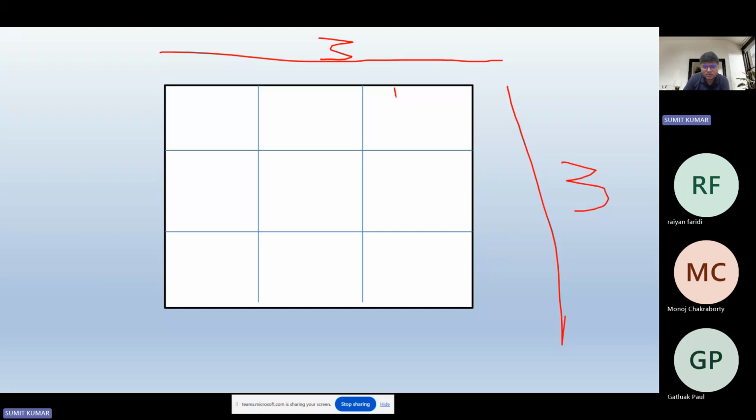Now this is 1 meter and this is 1 meter, and so on and so on, and this is also one, this is also one.